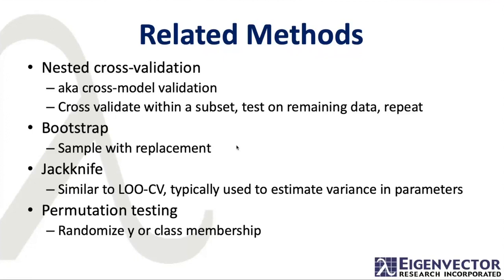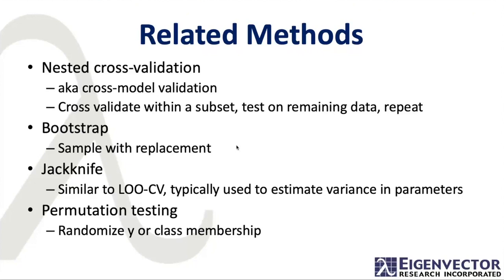Permutation testing is where you randomize your property to be predicted or your class membership and see if you can get a model between that, and try that many hundreds of times and see how often you actually get a significant model. And if you're getting models that look significant with randomized Y, you know you have a problem. And that's why permutation testing is done.